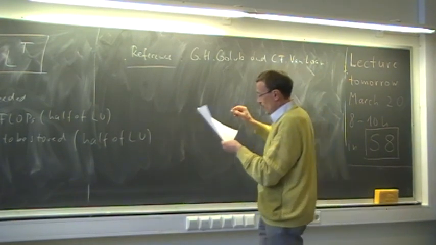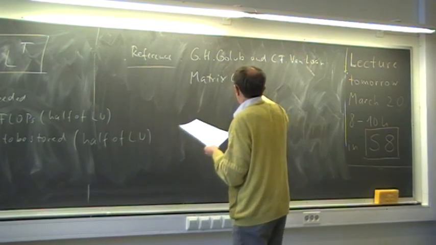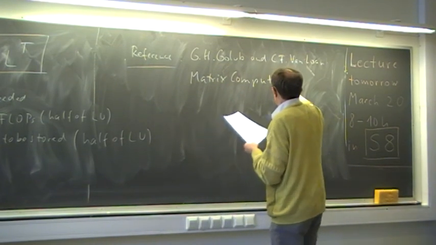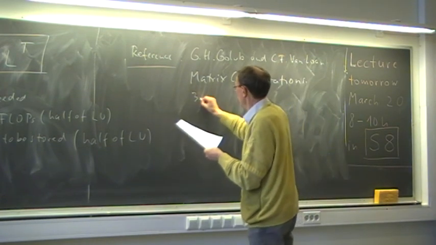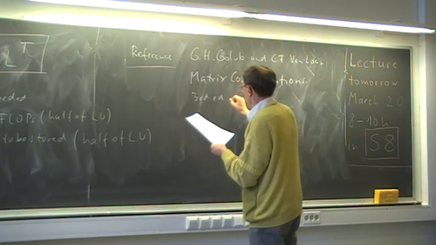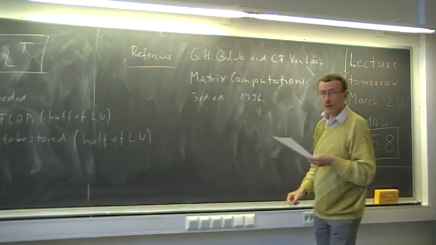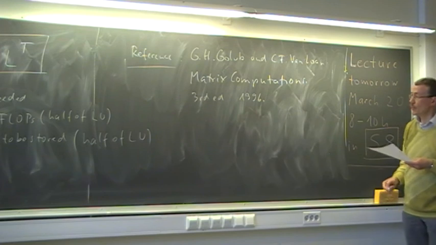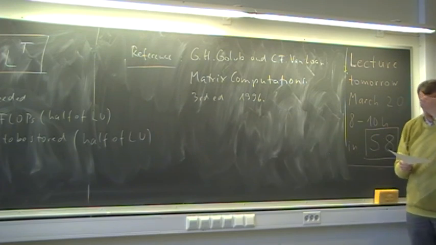That book is called Matrix Computations. It's now in the 3rd edition, and that is of 1996. There are also other very good numerical algebra books, but this is one classic book.